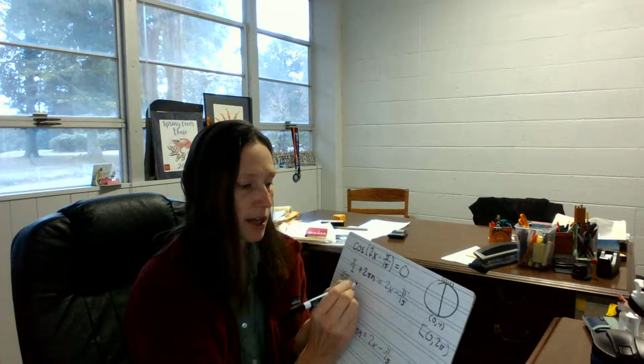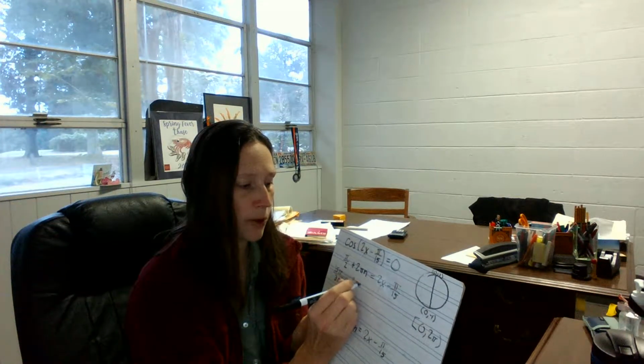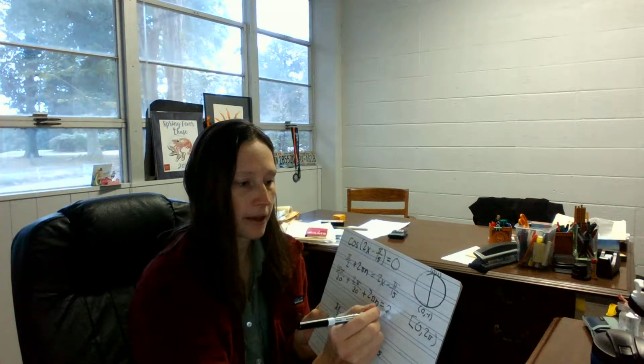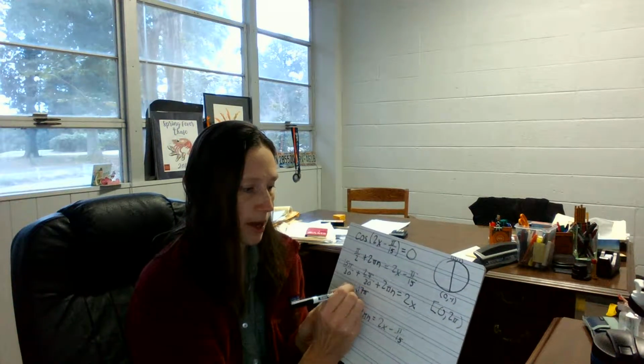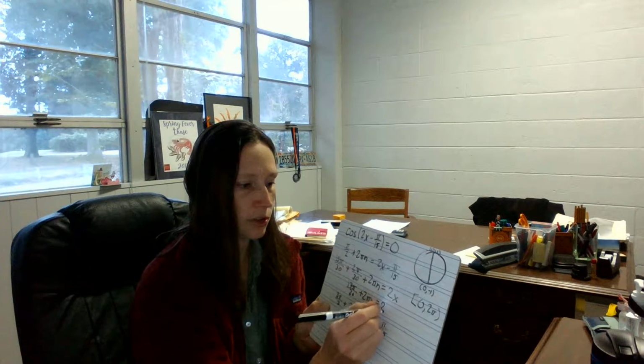And then if I add pi over 15 in terms of 30ths, that'll be like adding 2 pi over 30. So I've moved this to the other side and gotten a common denominator, and that's going to be plus 2 pi n, and that will equal 2x because the pi over 15 I've moved over. Now this in total gives me 17 pi over 30. So 17 pi over 30 plus 2 pi n equals 2x.